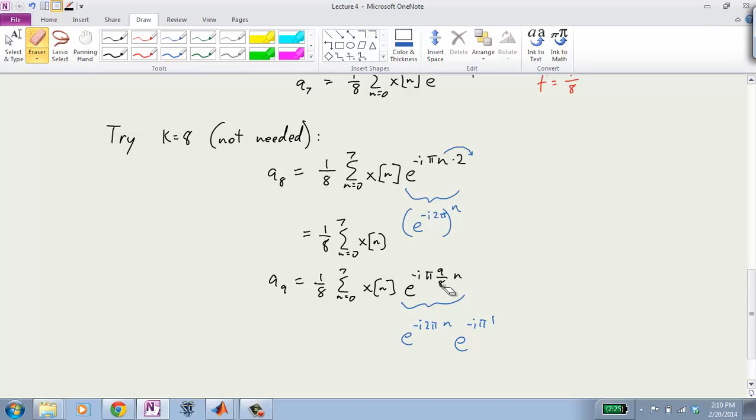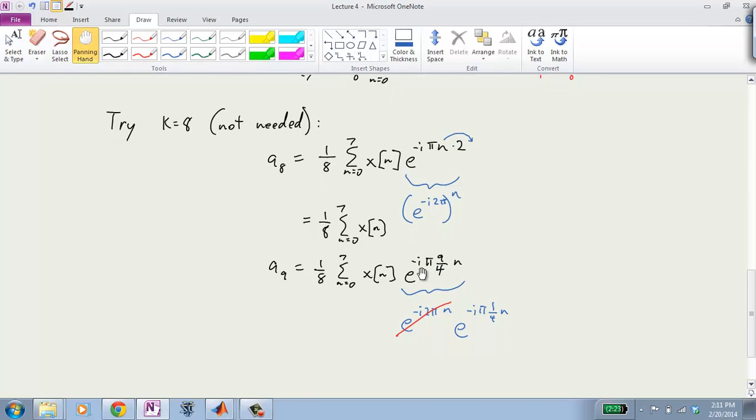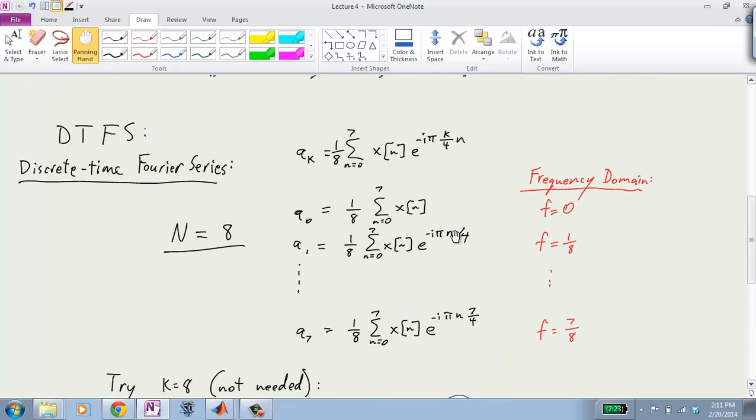Oh, whoops, this should have been 4. If I make mistakes, please tell me. All right. e to the minus i pi 1/4 n, right? And this first term is just 1, as we just saw. So we would replace this with 1/4 instead of 9/4. But that's exactly what we had here. Okay, so this will also be the same.